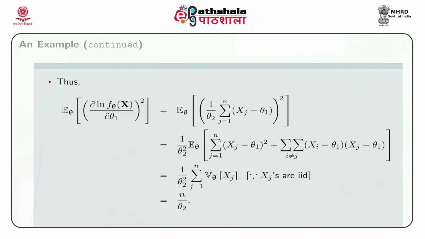Since x follows normal distribution with mean theta 1 and variance theta 2, expectation x minus theta 1 whole to the power 4 represents the fourth order central moment of the distribution of x, and it is equal to 3 theta 2 square, and expectation x minus theta 1 whole square represents the variance of x, which is equal to theta 2.